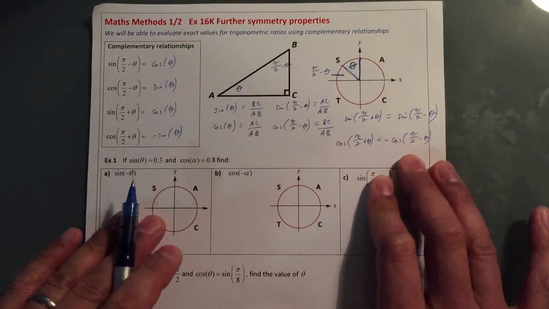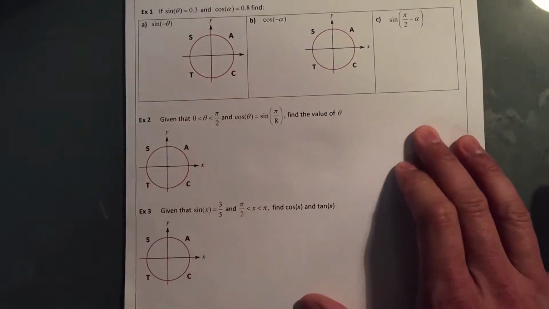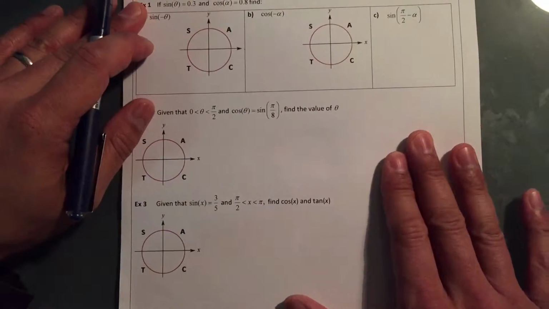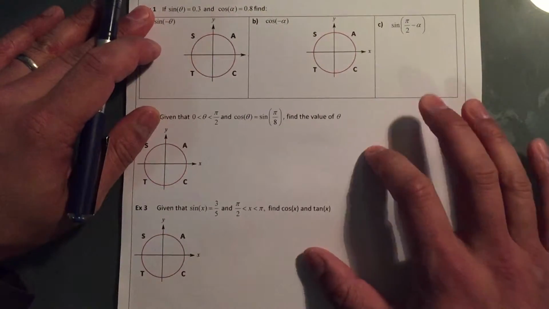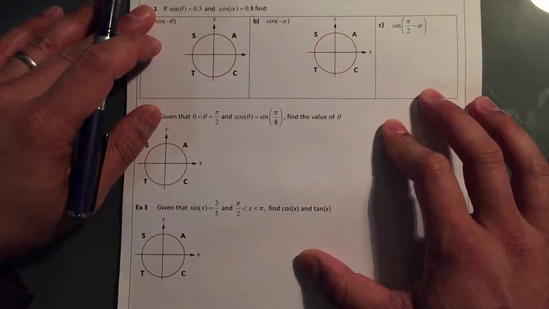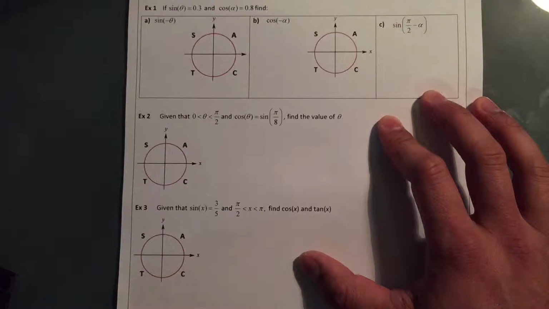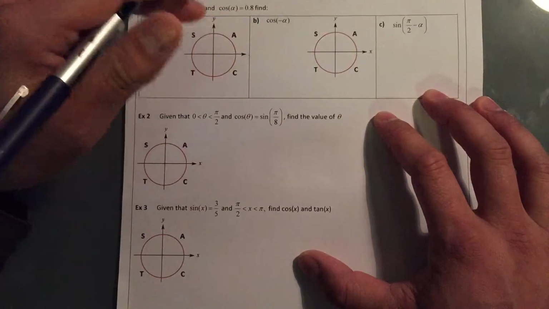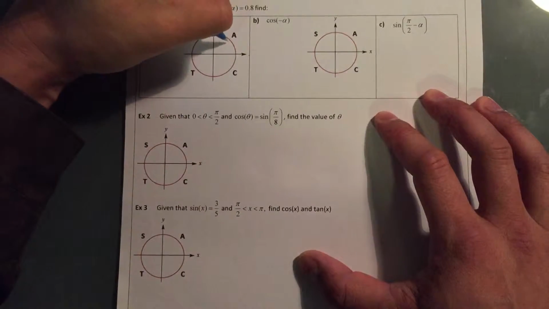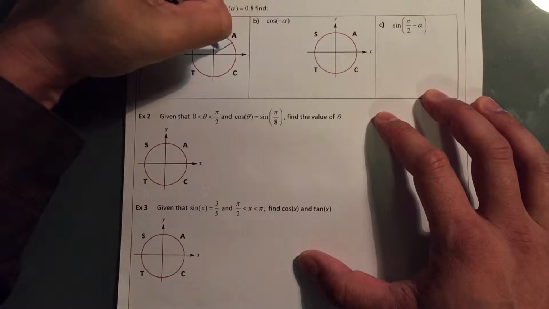They're going to come in handy. Let's look at a few examples. Here's the first example that says sine theta is 0.3, cos alpha is 0.8. Find sine of minus theta. The angle is not as important, but sine of some particular angle is 0.3.